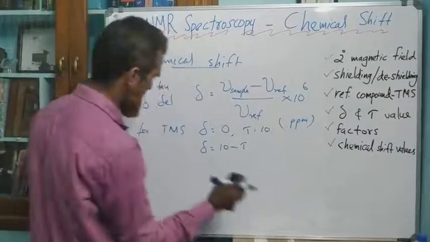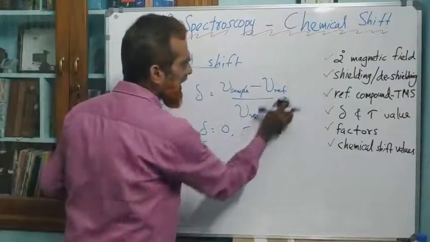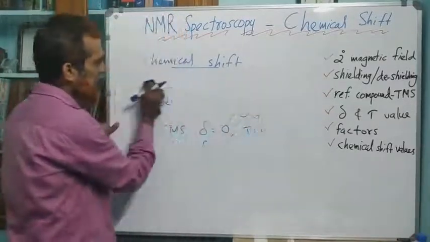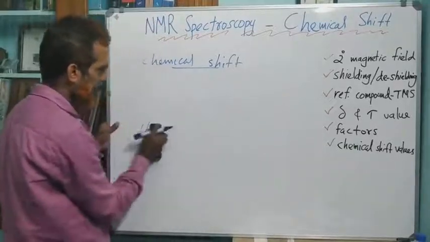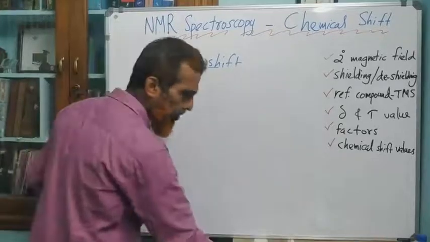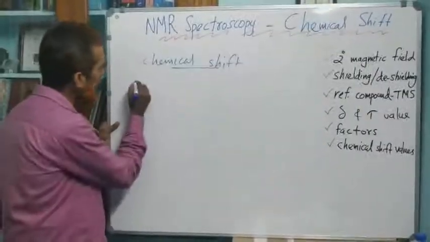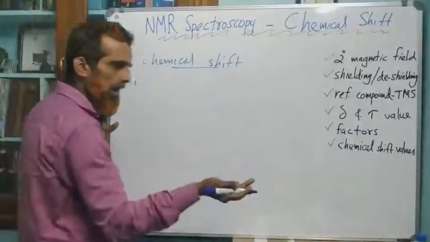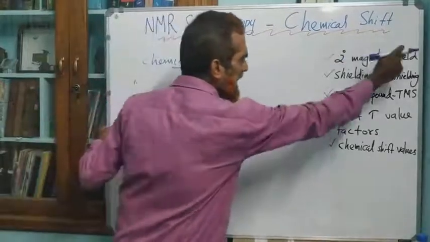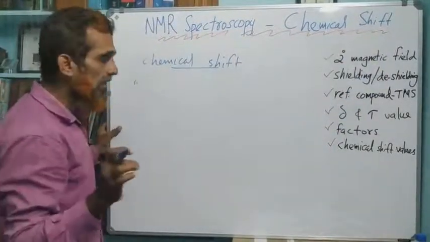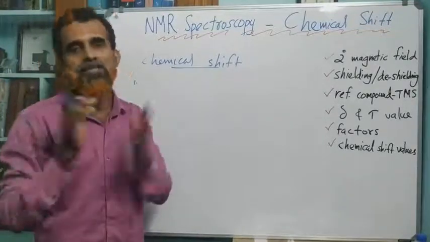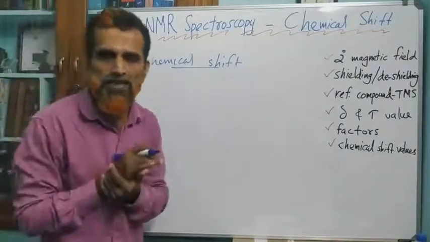So remember that. Now, coming to the next topic: what are the factors affecting chemical shift? Mainly there are 4 factors. Number 1, as we learned at the beginning, it is the secondary magnetic field generated by the circulating electron which is responsible for chemical shift.